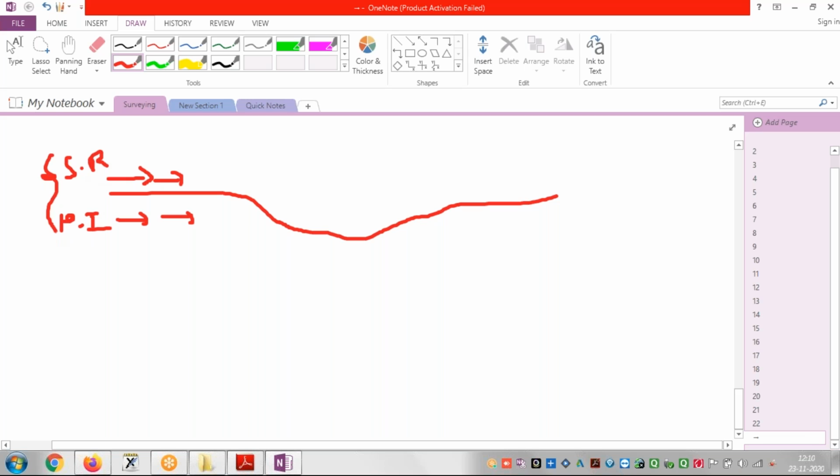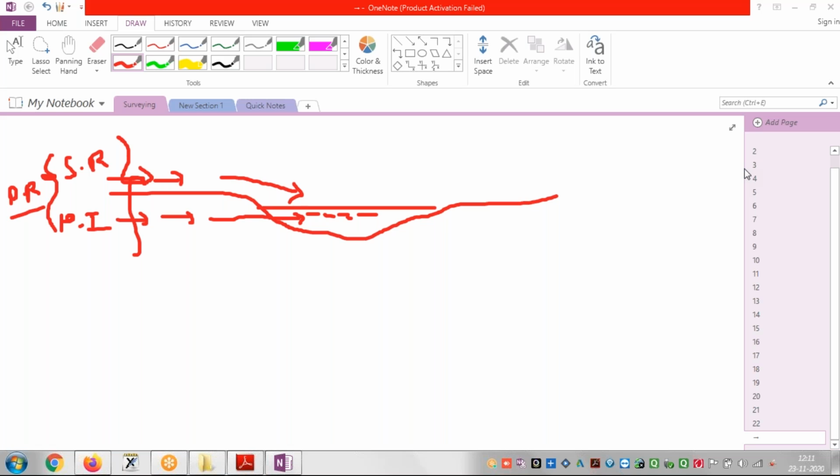When I combine these two, I will get direct runoff, right? And both runoffs will meet the river. Here they will accumulate in the river, and from here it will also accumulate into the river. So when I sum these two, I will get the direct runoff. Is it okay?